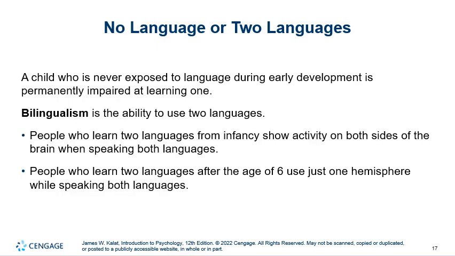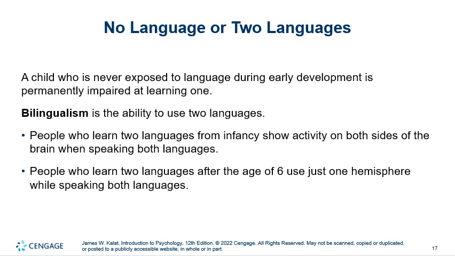What we've discovered in terms of no language or two languages is that the introduction, or the lack thereof, is extremely influential for a child in terms of their exposure. If they've never been exposed to language early on during infancy and toddlerhood, then they will have permanent impairments as far as trying to learn one. Whereas bilingualism is the use of two languages.